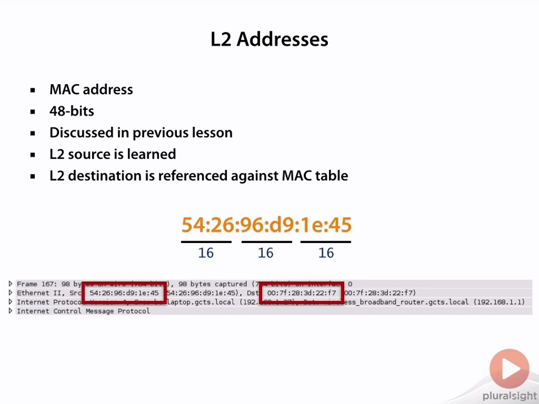Now that is in the source field. So if my switch were to see this, it would learn that MAC address. In other words, it would add that MAC address to the MAC address database. It's only after that process that the switch is going to worry about the destination address, that 00:7F:28:3D:22:F7 address that we see on the right-hand side of this screen grab here.